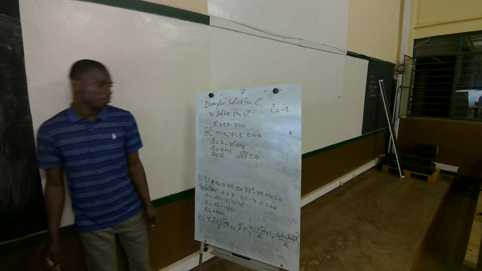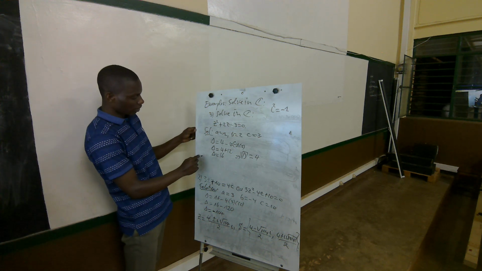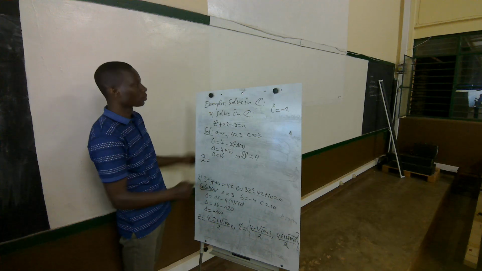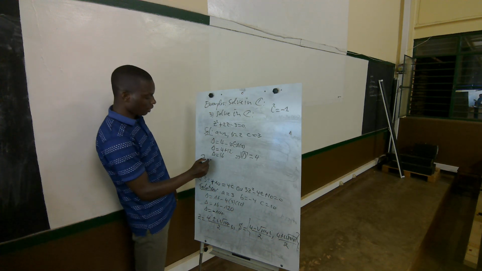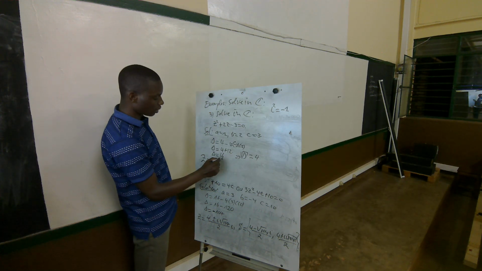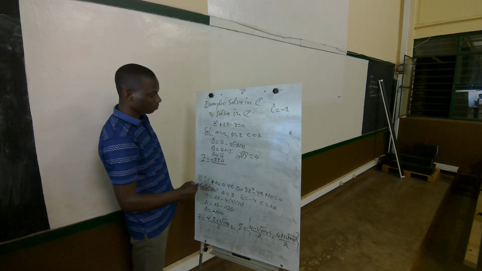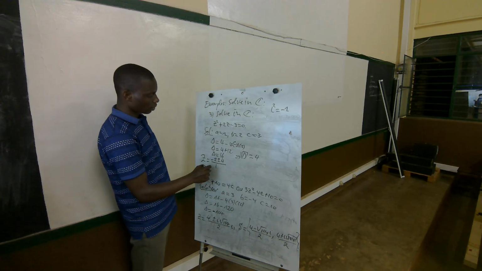Now z is equal to negative b, so negative 2, plus or minus the square root of 16, all over 2.